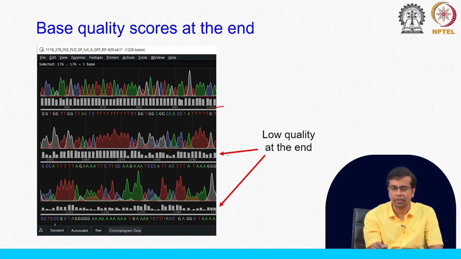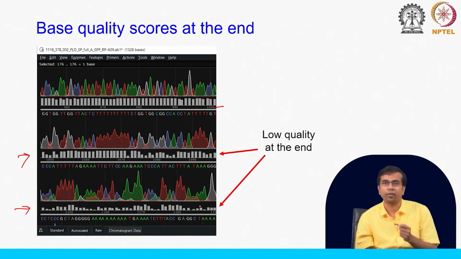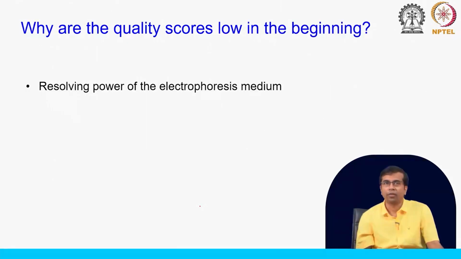You can see this here in this row, and then it goes down further. You can also see that the peaks are not so well resolved anymore. There seems to be some overlap between the peaks. That is probably the reason why the quality score goes down, because you are again measuring the signal to noise ratio. If there is a lot of noise compared to the signal, you will get a lower quality score. So, these are two well known issues.